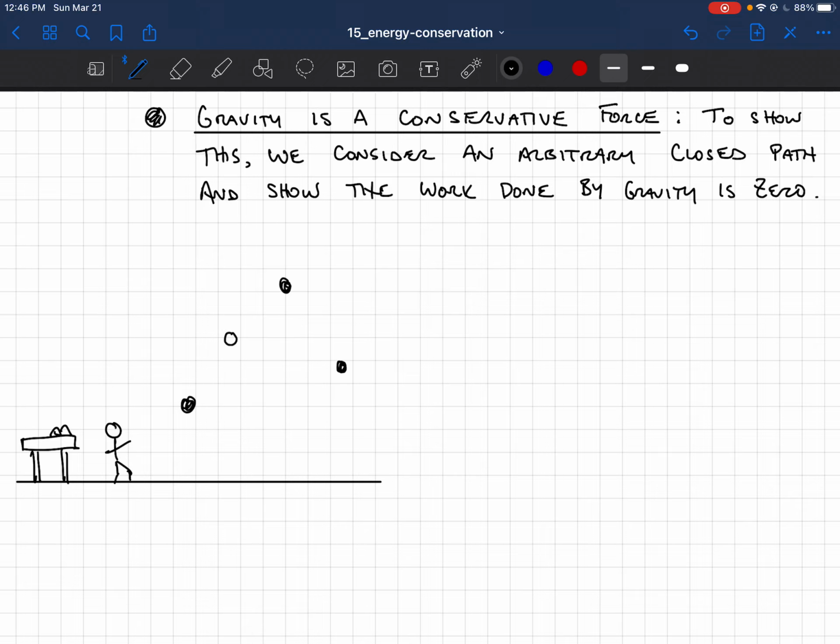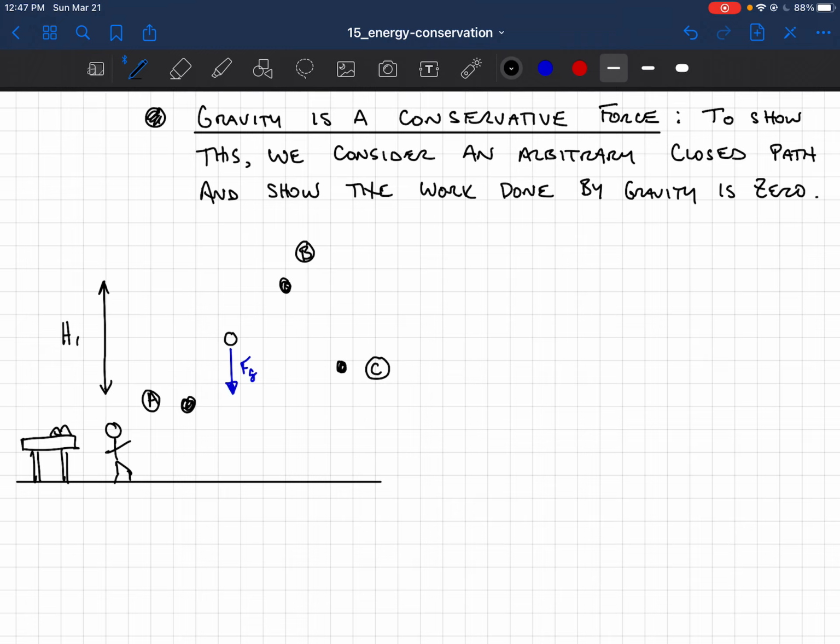So we'll look at the force of gravity as it acts on the ball as it moves between these different points. So we're going to take a path, and we'll call this like point A and point B and point C. And we could label some distances here. So let's say that this is like H1.